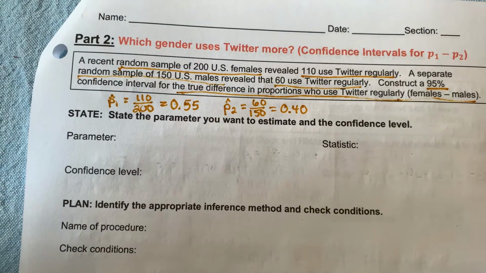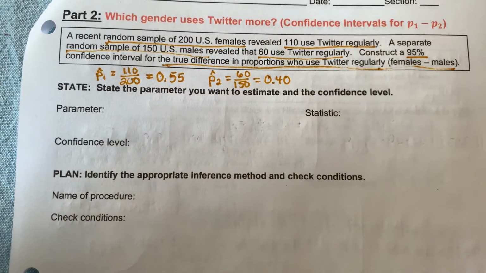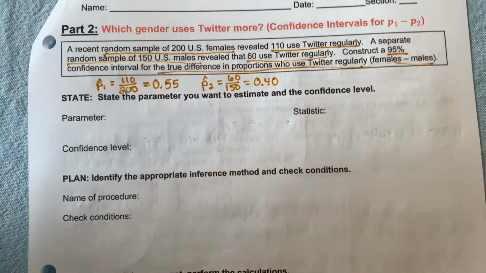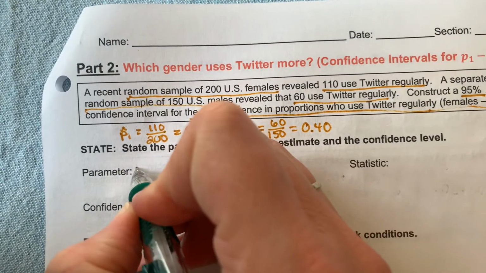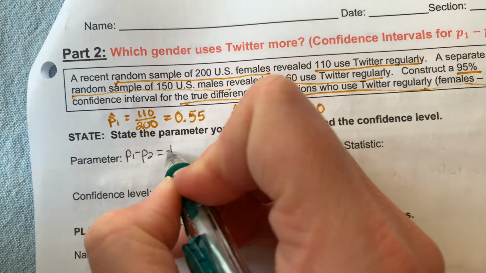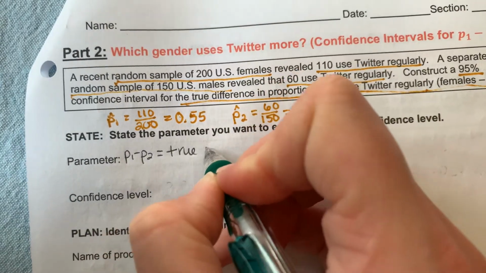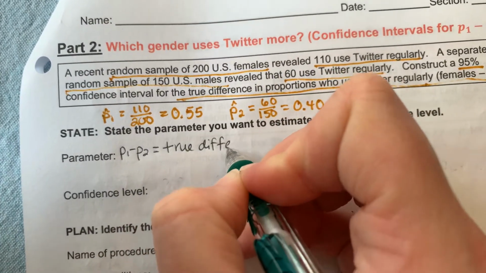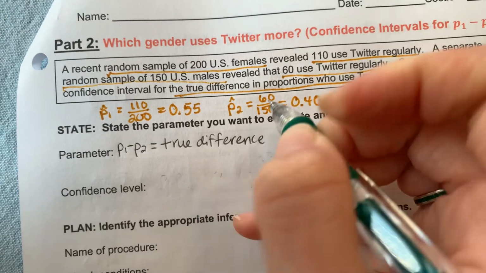So I'm ready to start my plan step. Okay, I start with my parameter. So I know it's going to be P1 minus P2, again, the true difference. It's always the true difference, and then the context is what changes.